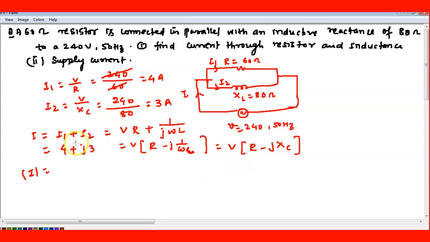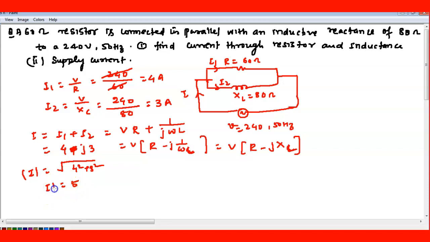So XC already we found here, so if you write in the symbols, this is minus j into 3. This is L. So I is equal to, write the square root of 4 square plus 3 square, which is how much? 5.